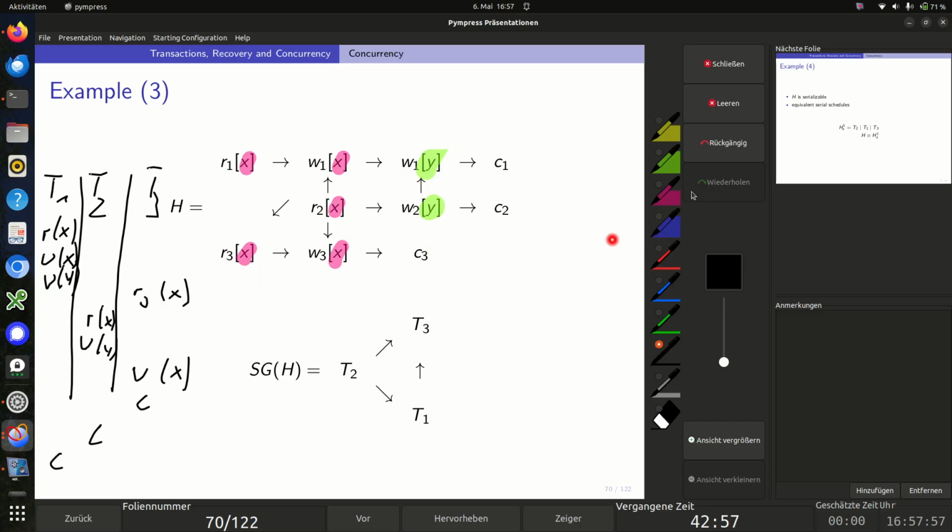So like this would be the first one, T1 before T2. Is it the case? No, it isn't. So what are the dependencies? Oh yes, indeed. So we have the first dependency, T1 before T2.